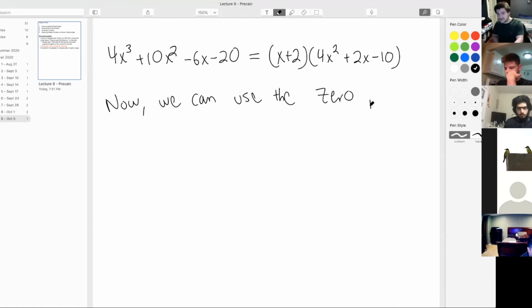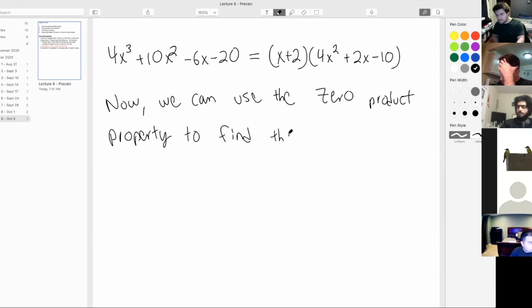Now we can use the zero product property to find the zeros. So I didn't formally define what the zeros were. All the zeros of a polynomial are the numbers that when you plug into it, you get 0.